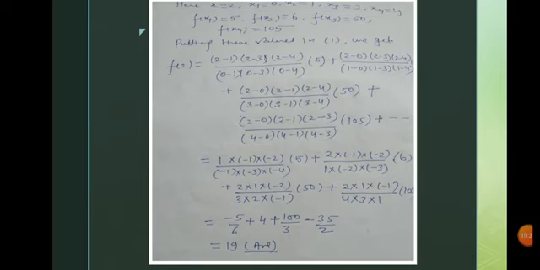Okay, so what does it mean? The given values are for x equal to 0, 1, 3 and 4.